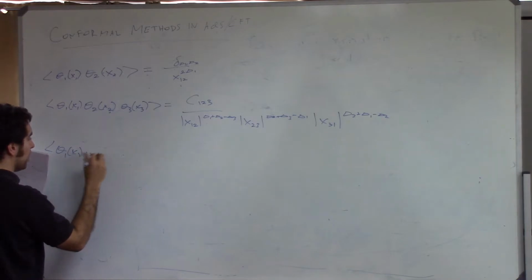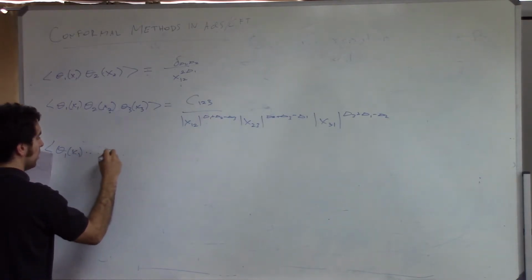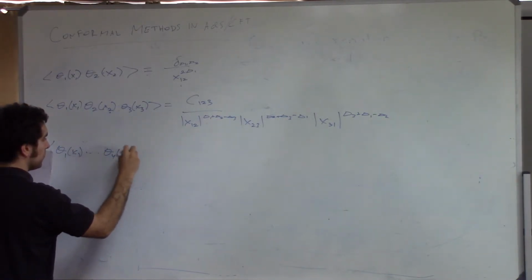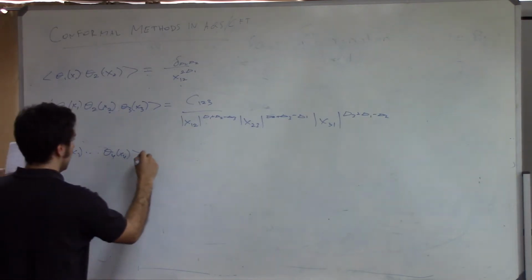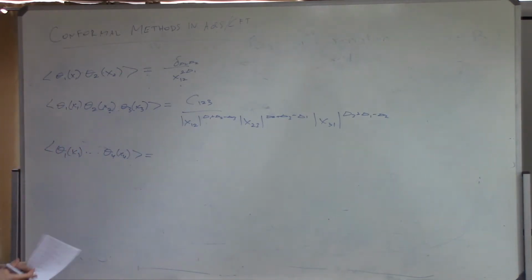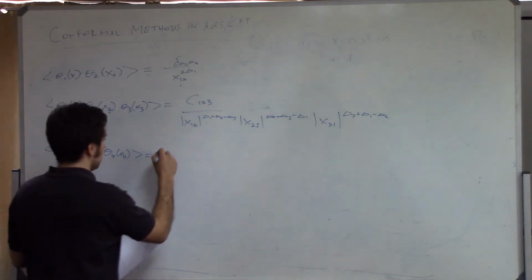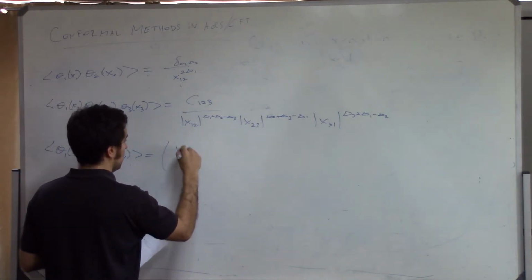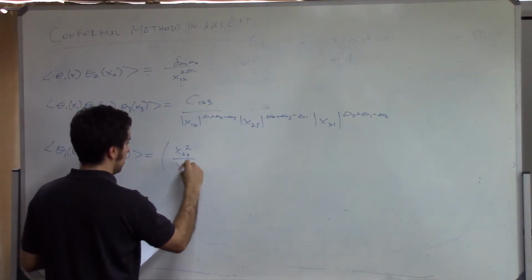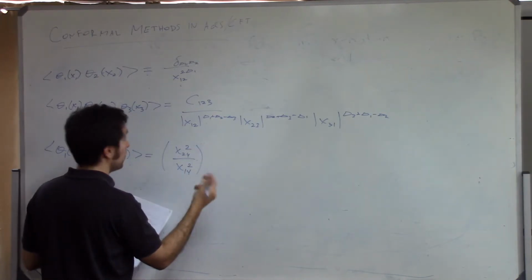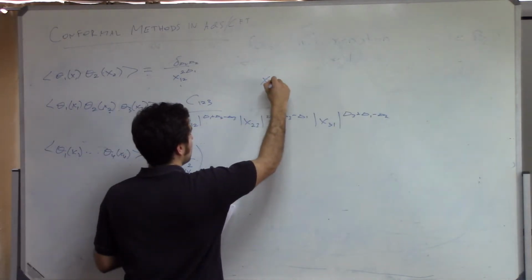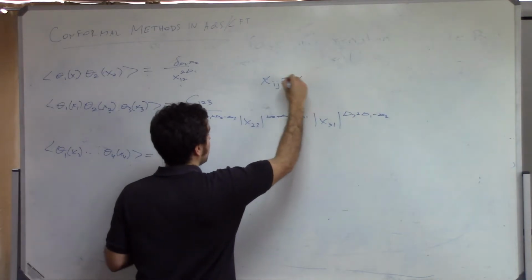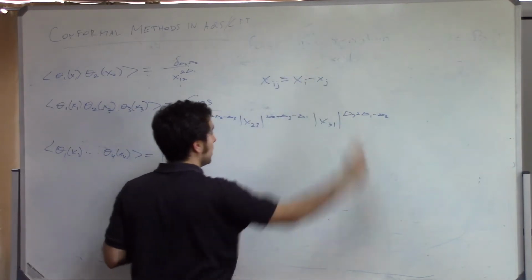We're going to consider 4 different operators, O1 at x1, up to O4 at x4. And in general, this can be written in the following form. So let me just write this. In case I think I said this but didn't write it, xij is defined as the difference between xi and xj.